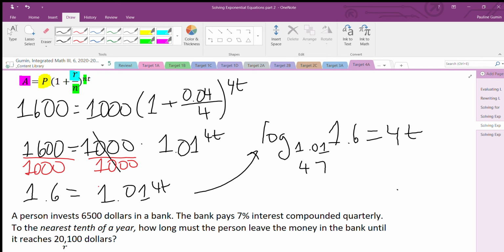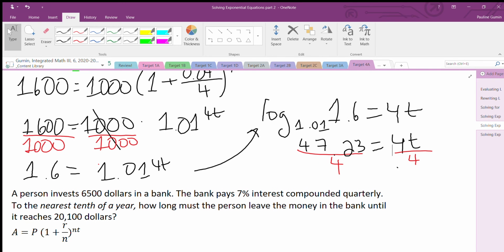I got 47.23. Now I'm going to get t by itself by dividing both sides by 4. And we get that it takes us almost 12 years to get those $600.